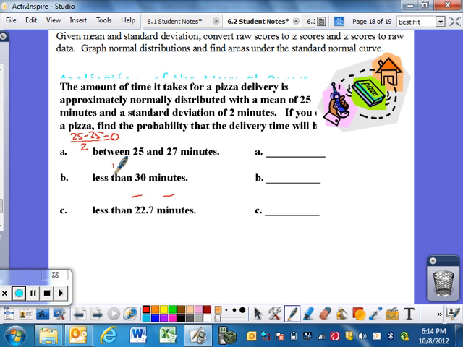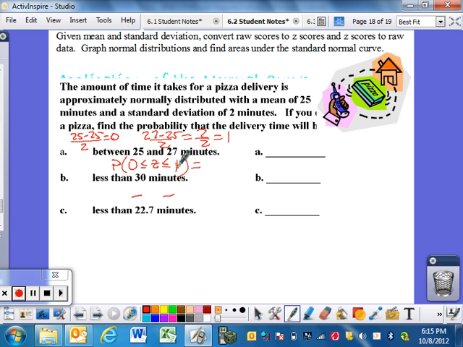So I know I have what's the probability of 0. My z-score of 27 minutes would be 27 minus 25 over 2. 2 over 2 equals 1. So I'm between 0 and 1 standard deviation away. If you think about the empirical rule, I'm like, ooh, that should be 34% from that picture we had a couple days ago.